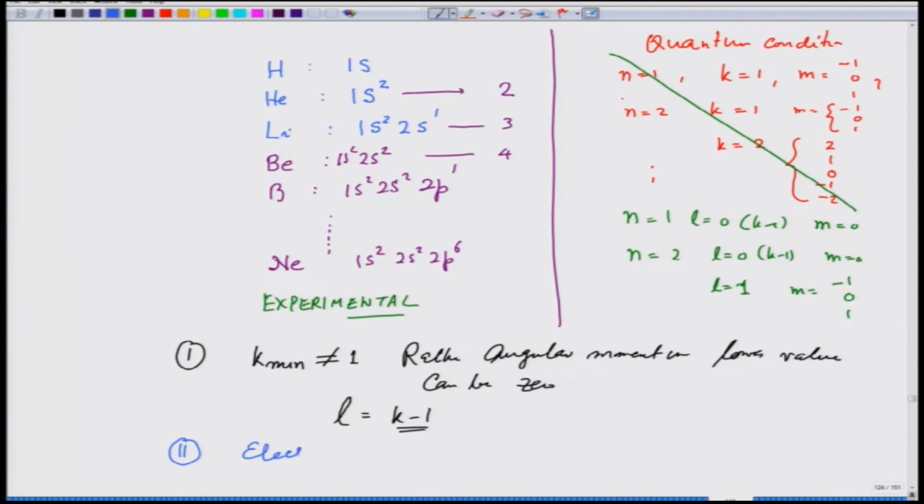So, the lowest angular momentum could be 0, and number 2, more important, the electron has a quantum number of its own. That means it is intrinsic to it, and it does not depend on where the electron is moving.